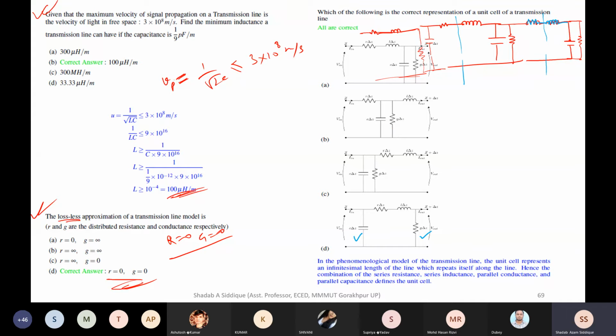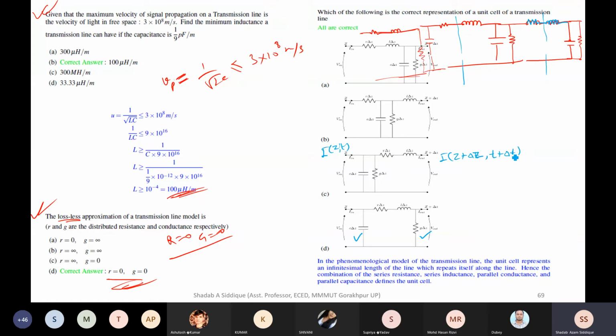You can see in each unit cell we apply the input current I and take the output current I. That will be a function of I(z,t), and that may be a function of I(z+Δz, t+Δt).